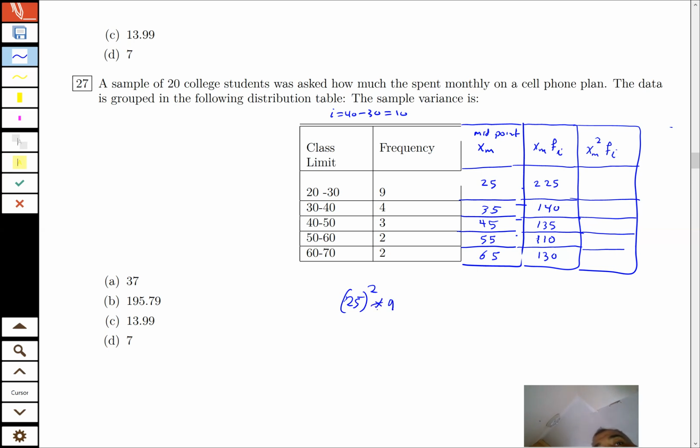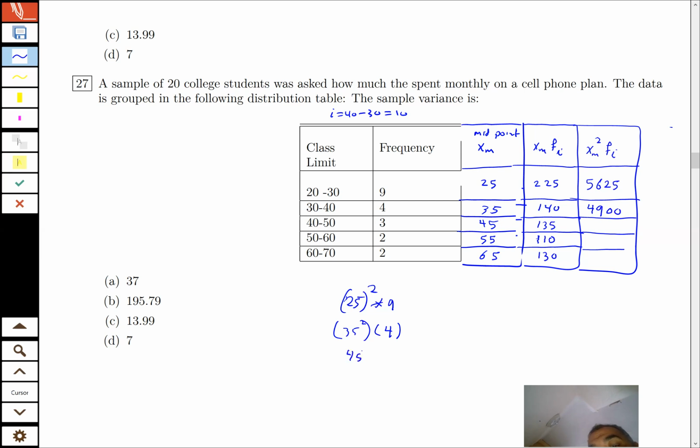If you square 25 times 9, you will get 5625. Then 35 squared times 4, and that is 4900.